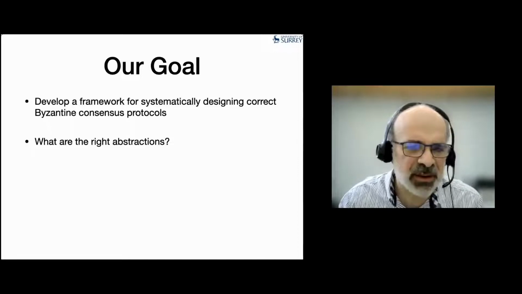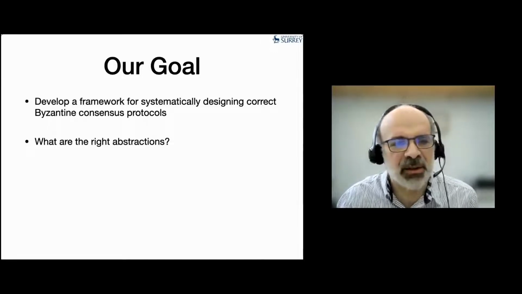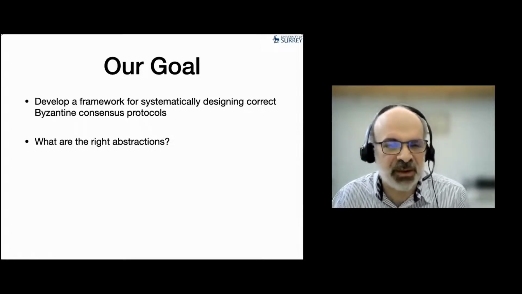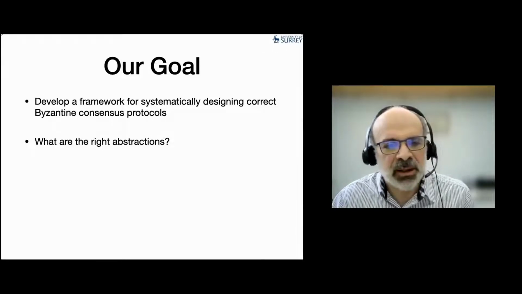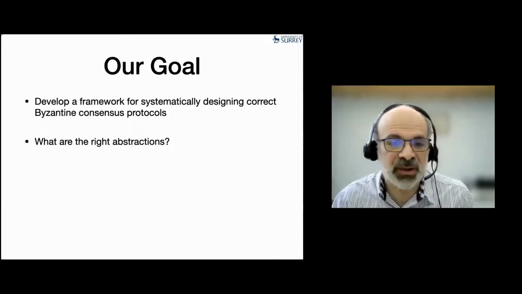So the question was whether we can develop a framework for systematically designing correct Byzantine Consensus protocols, and if so, what the right abstractions are that can make them modular, easier to understand, easier to reason about, and so forth.